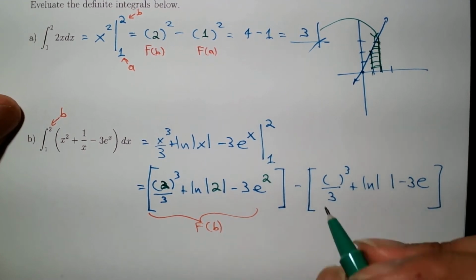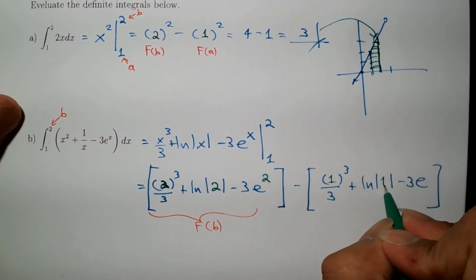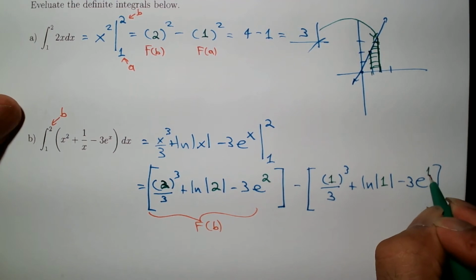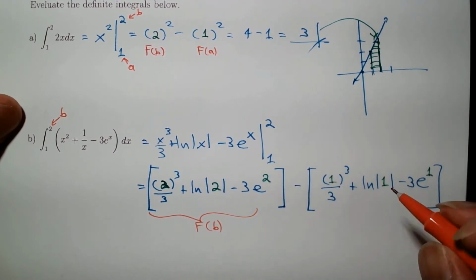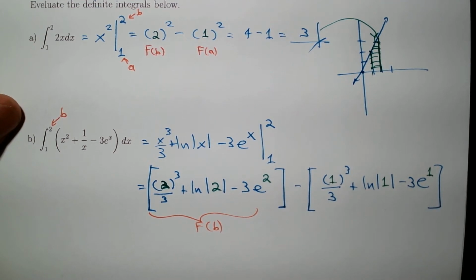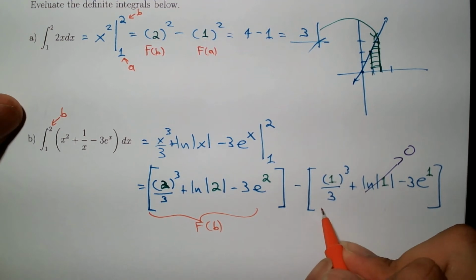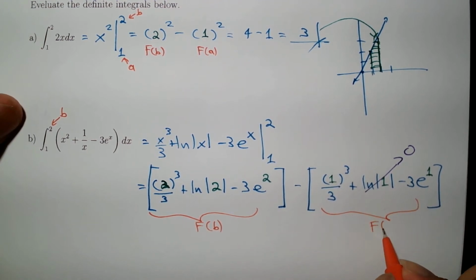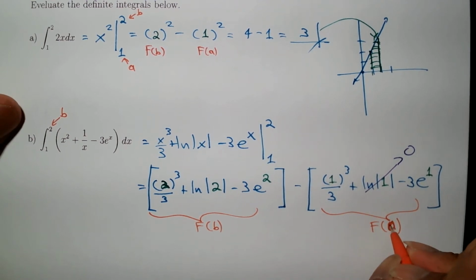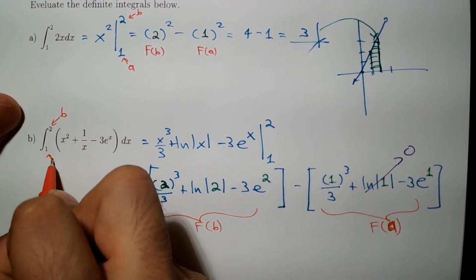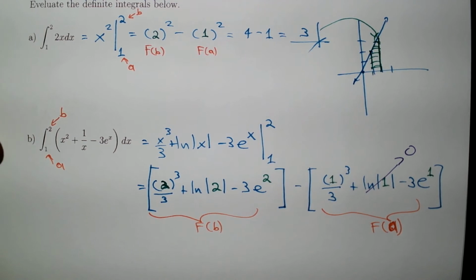So this is going to be 1, ln of 1, e to the 1. Well, you might want to start simplifying a few things. For example, ln of 1 goes to 0. And here you might want to just denote that this is f of a, F evaluated at the lower limit, which in this case is this one right here.